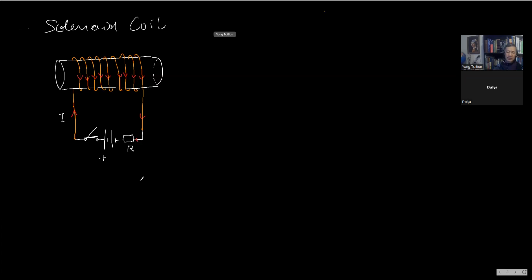Another issue is the conductor. Conductors are made of metals, like copper.